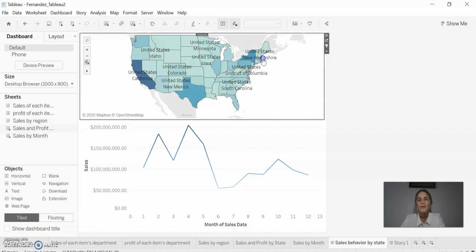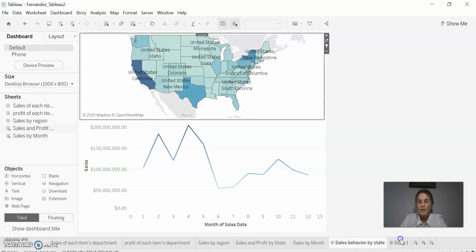So maybe, since there are no negative profits, you could just keep it the way it is and just try to incentivize people to buy in low months. That can work. Or you can also focus on the cities or states that are closer to the water, which are more likely to have items like this.